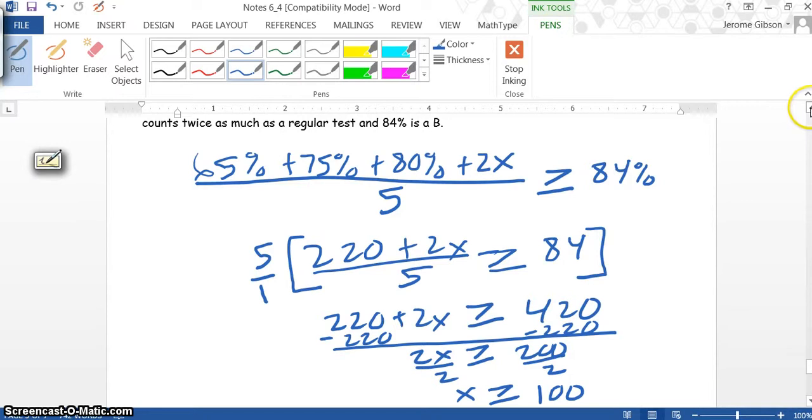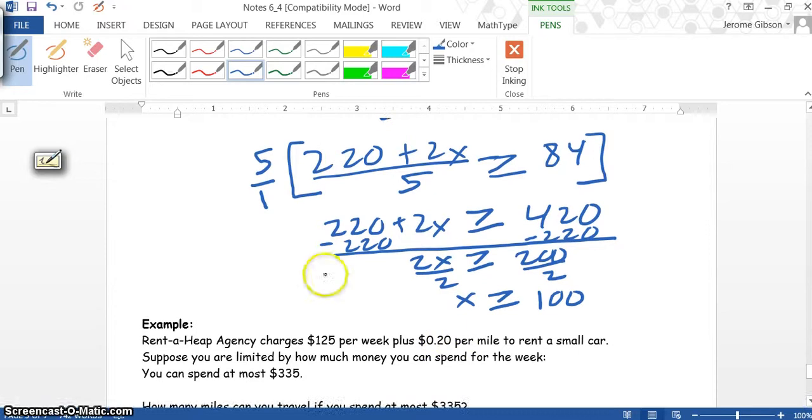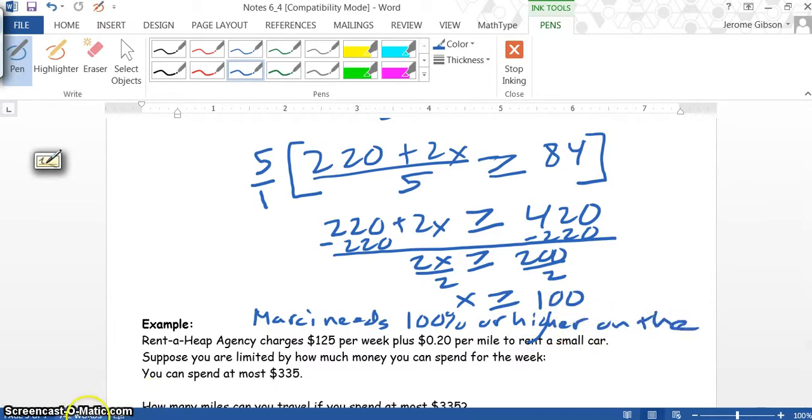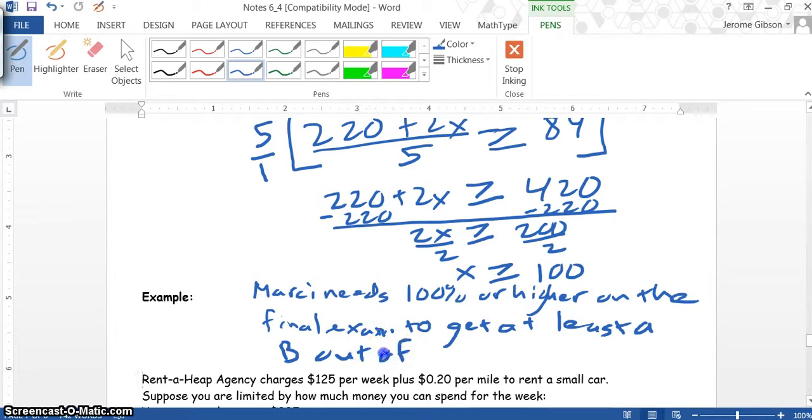So, since we know the score needs to be 100, we know that Marcy needs 100% or higher on the final exam to get at least a B out of the course.